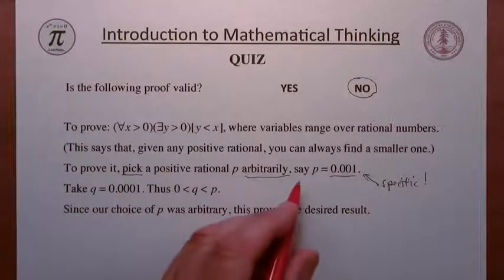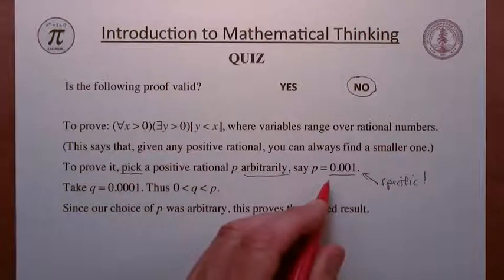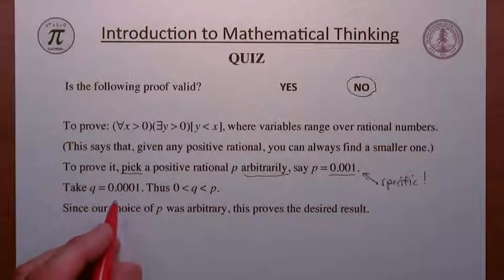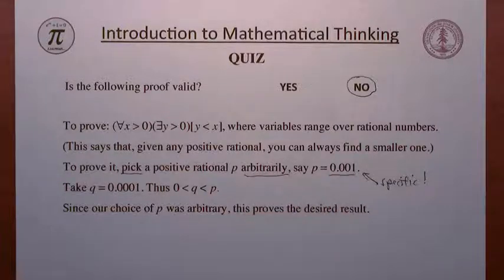Its choice may have been arbitrary, but once you've made it, it's specific. In contrast, when you argue with an arbitrary p, you don't know anything about the p. You certainly wouldn't know that it was equal to 0.001 or whatever. You may need to think about that one a little bit longer, or talk it over with some of your colleagues.